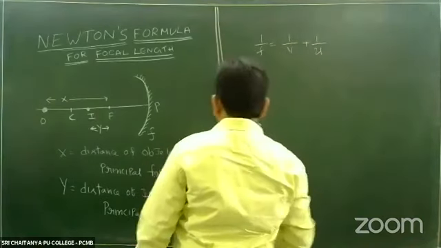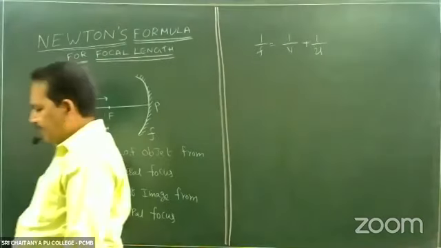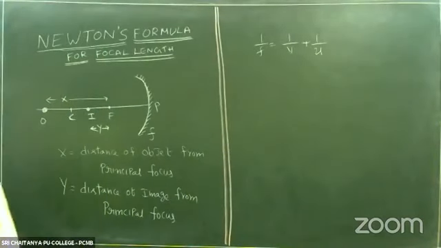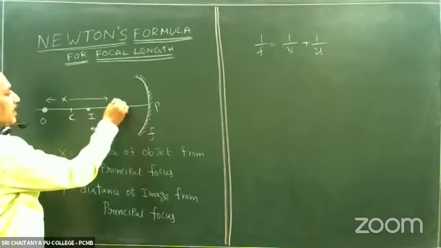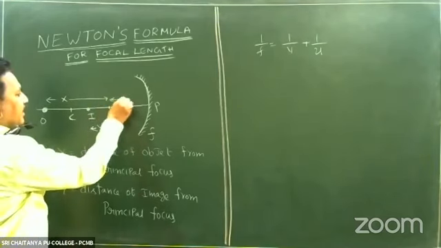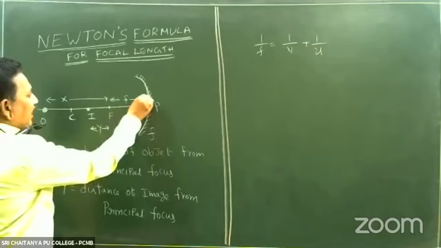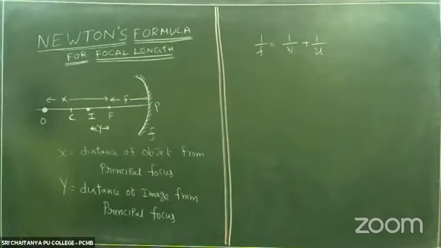If I know the object distance and image distance from the pole of the mirror, I calculate the u value and the v value and substitute in that formula. We will get the f value in terms of x and y. From here to here, what is the distance? That is nothing but the focal length, from pole to principal focus.